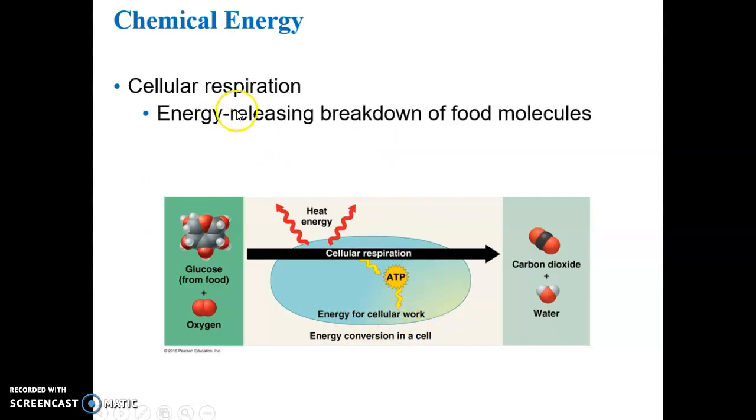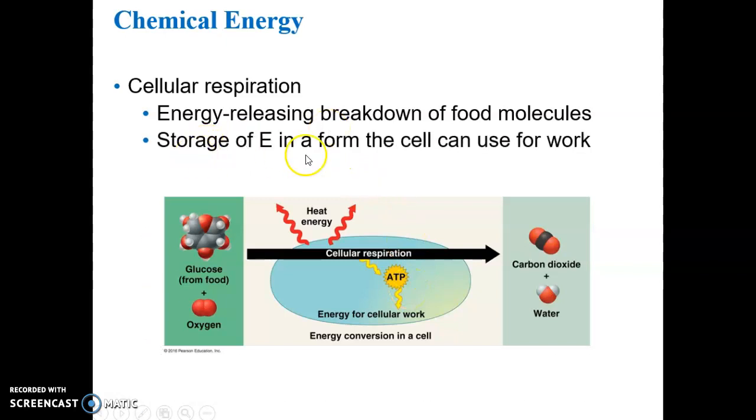Okay? So cellular respiration, within our cells in the mitochondria in animals, and actually in most living things, is the energy breakdown of food molecules, and the energy is put onto the ATP molecule. So the stored energy is now in a form that the cells can use directly.